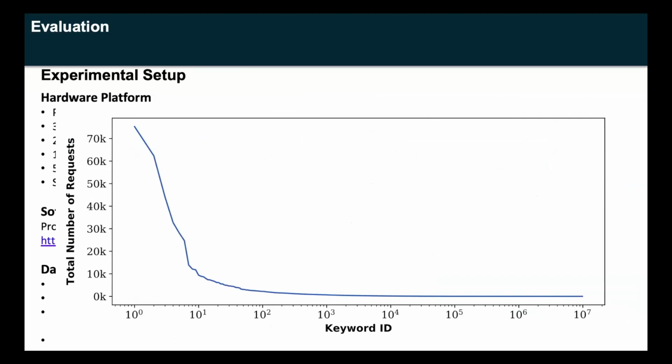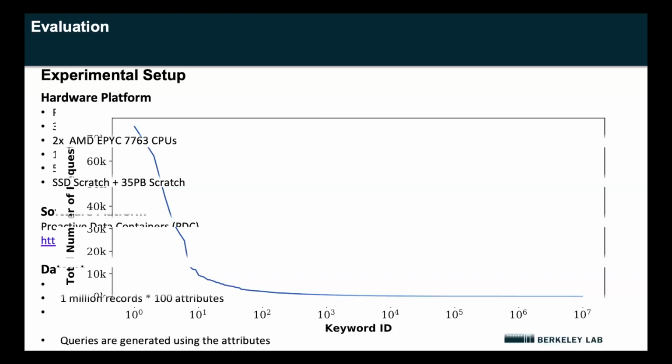Also for this wiki dataset, we show the number of queries, the number of requests against different keywords. So you can see this long tail effect, showing that different keywords have different popularities.